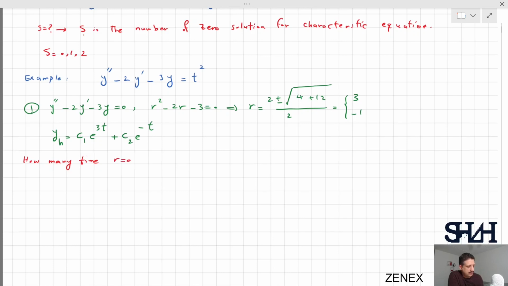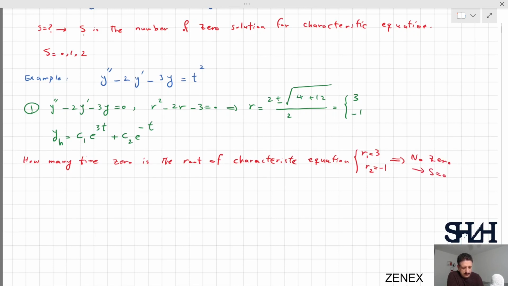Here we can see that r1 is 3, r2 is minus 1, so no, there is no 0 in the roots, so no 0. As a result, s will be 0.